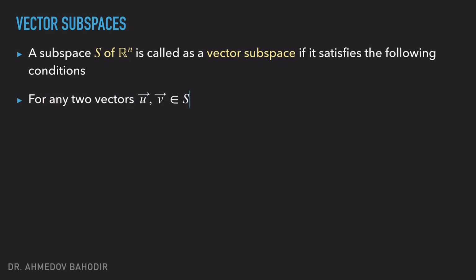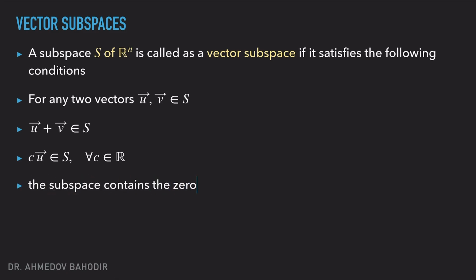The sum of these two vectors should be from this subspace. The multiplication of a constant by the vector should again be from the subspace. It should not go out of the subspace, because the subspace is just some piece of the whole space, and the subspace should contain the zero vector.